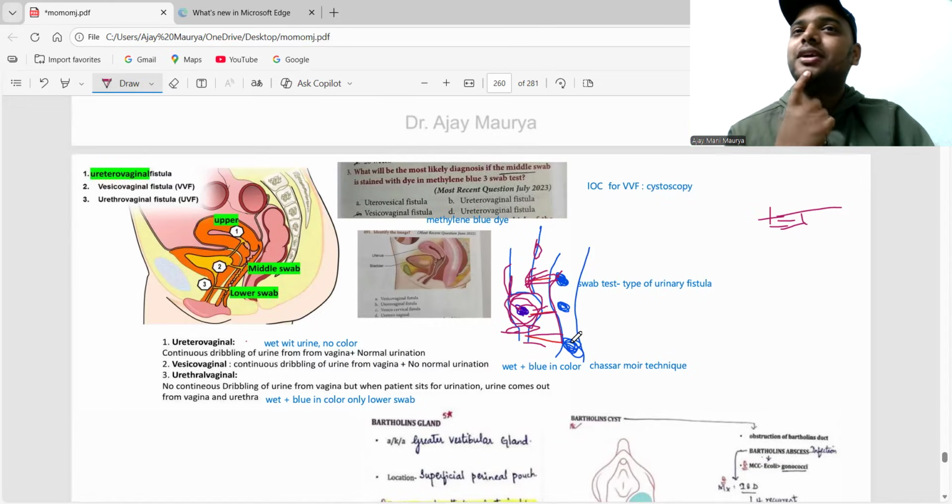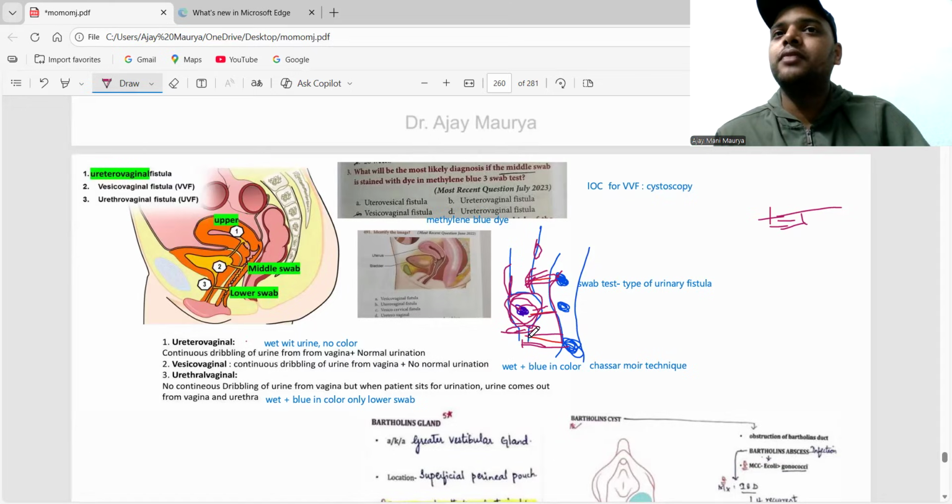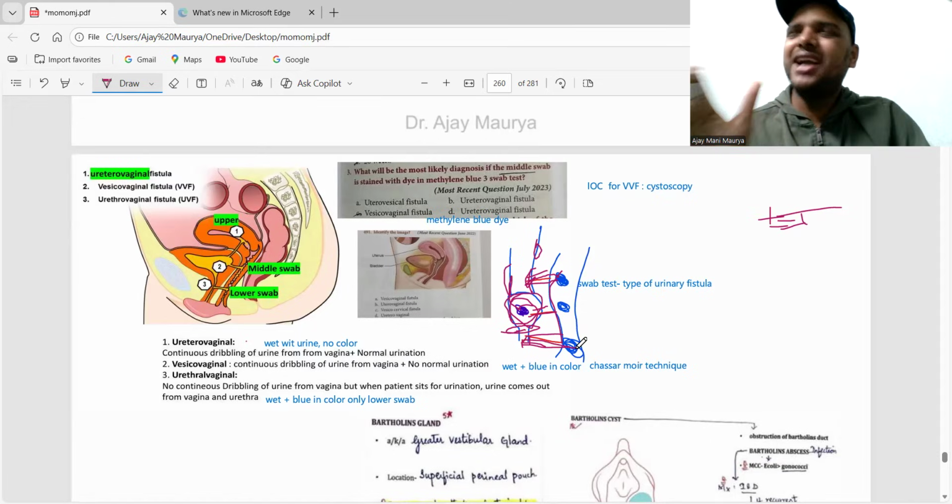No. Why? Because only if the bladder is full will urine come into the urethra. If the bladder is not full, how will urine come into the urethra? So no urine comes from the vagina, there is no dribbling. But once the patient goes for urination, the urine from the urethra comes into the vagina. So these are the scenarios you have to know.